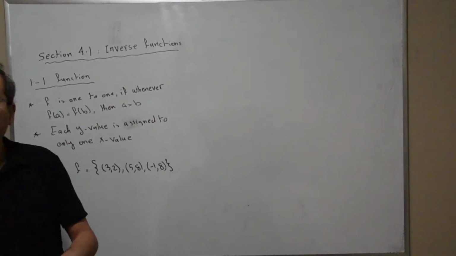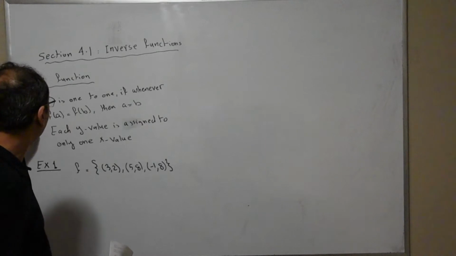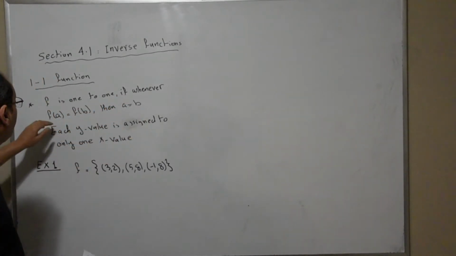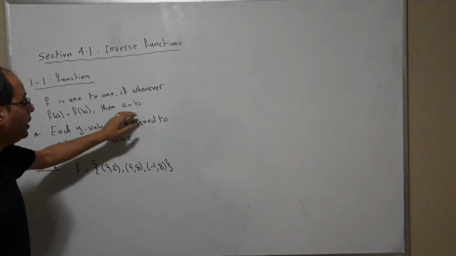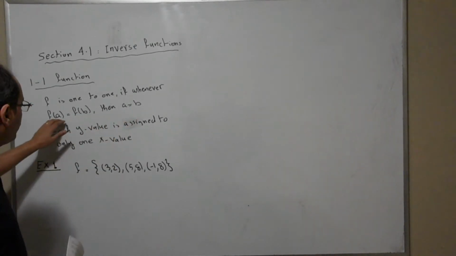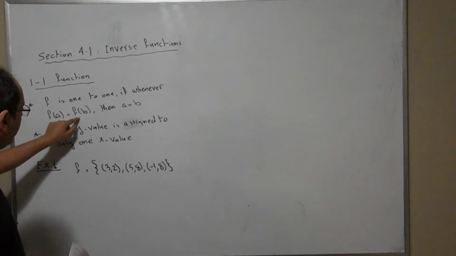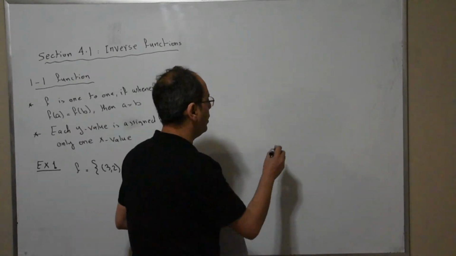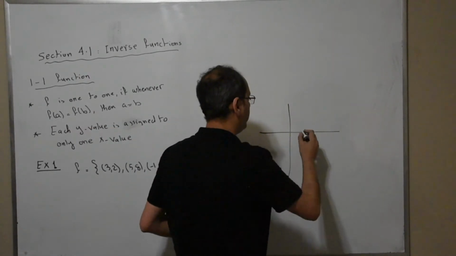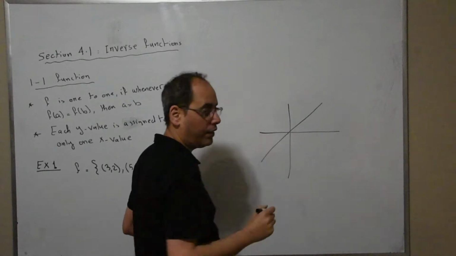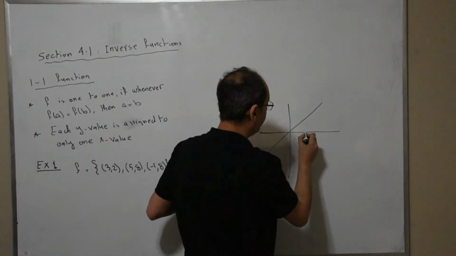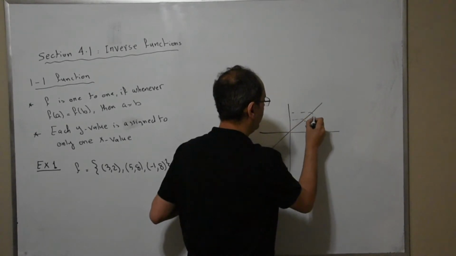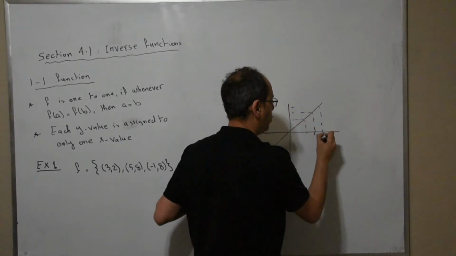So let's explain that in more detail. The definition of a one-to-one function says that f is one-to-one if f of a equals f of b, then a equals b. In other words, if y1 equals y2, then x1 must equal x2. For example, if I have a function like that, each y value has one x.